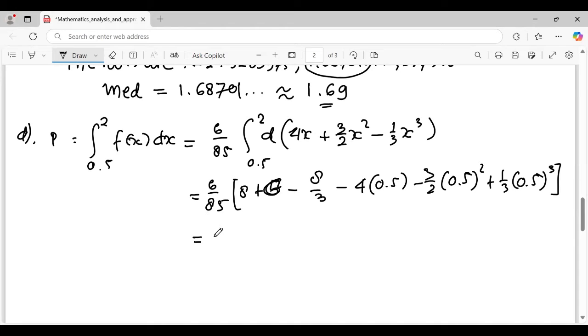So if you calculate, the result is 0.63529. You may round it to 0.635. Next, part E.